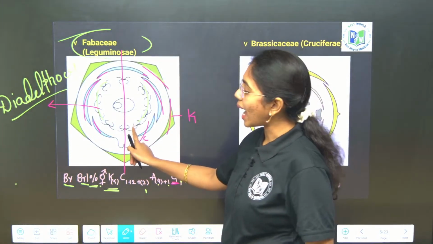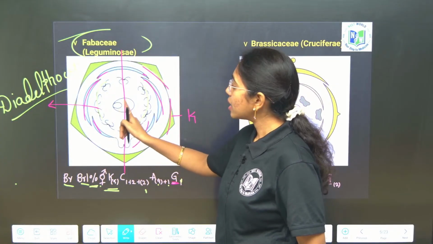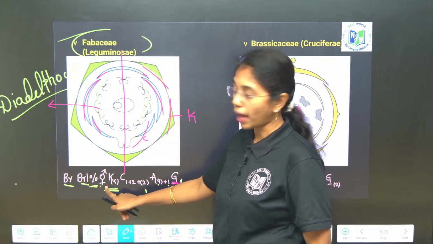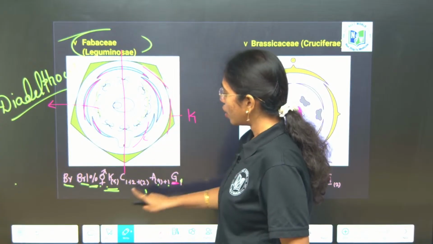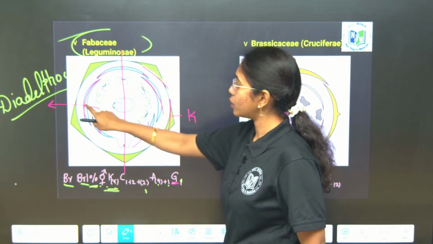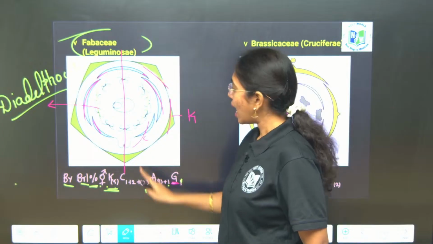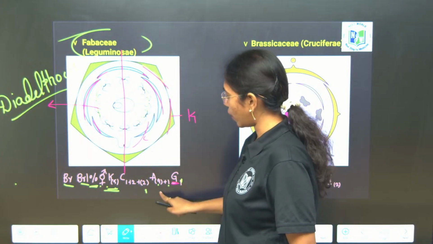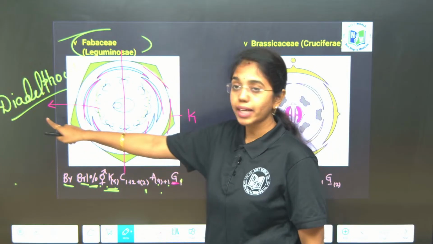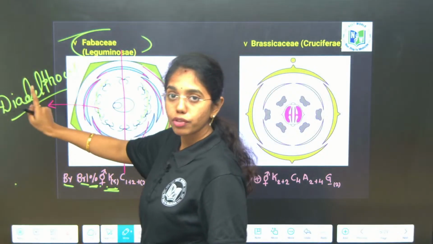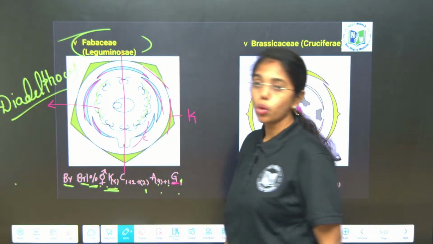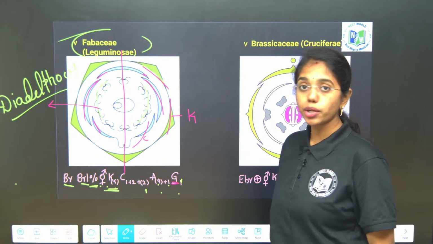And as both androecium and gynoecium are there, this indicates a bisexual flower. Here calyx is 5 fused, corolla 1 plus 2 plus 2 fused, androecium 9 fused plus 1, which indicates the diadelphous condition, and gynoecium is 1.